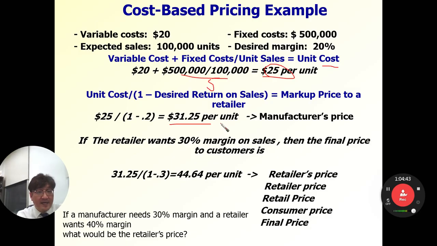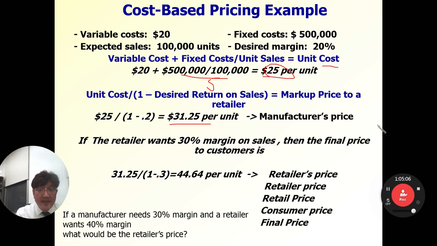That is what we call the manufacturer's price. The manufacturer's price is the price the manufacturer charges to the retailers. In other words, the retailer needs to pay this amount to buy the product from the manufacturers.